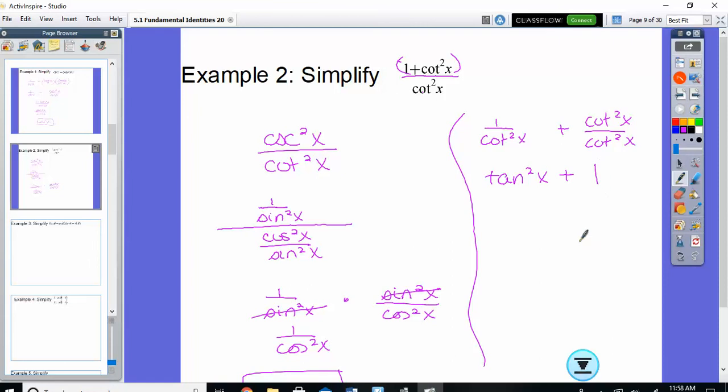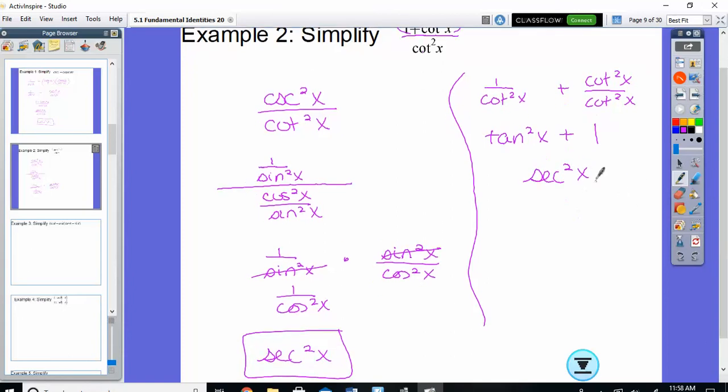Those would cancel and just leave me with a 1. What's tangent squared plus 1? Secant squared x. So, same answer we got before, but a different path to get there. Is that one okay? We're going to do some more.